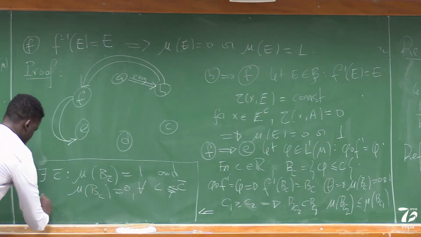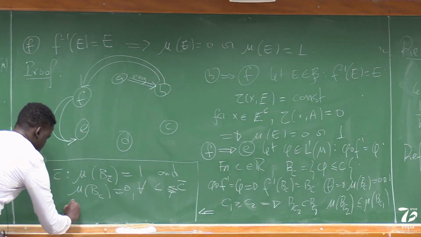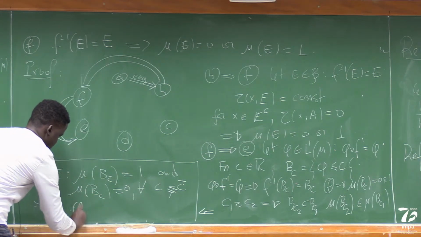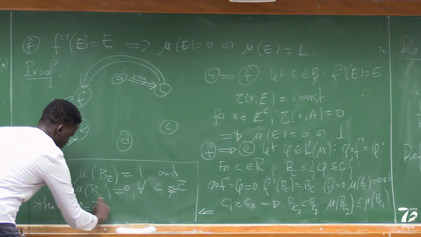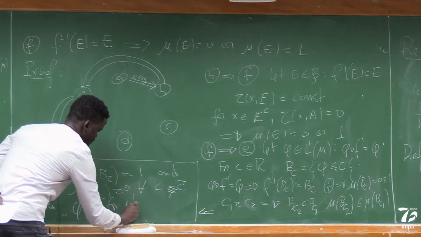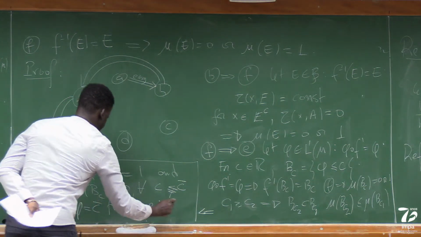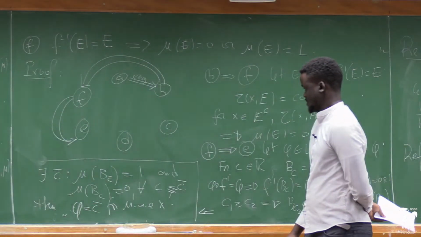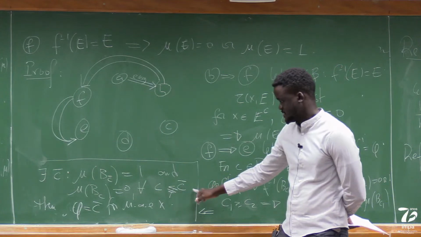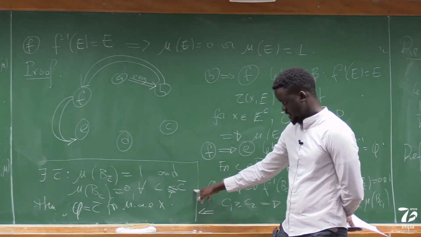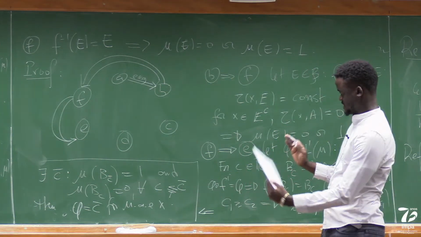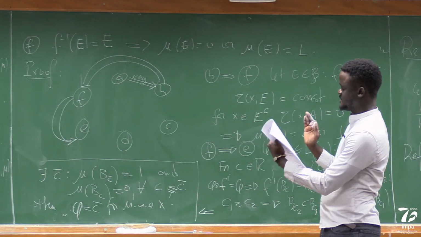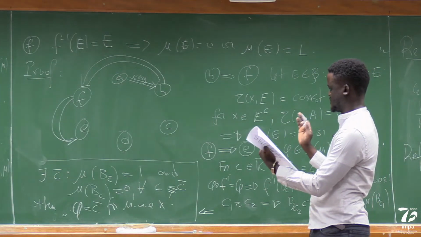So then phi equals C bar for mu almost every x. Okay? Because if you're bigger than C bar, the measure of the function between C bar and C is 0.